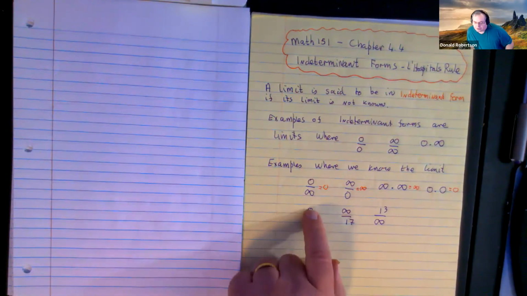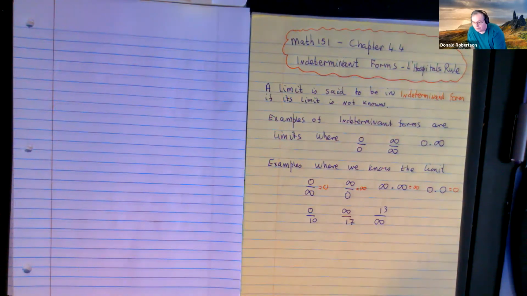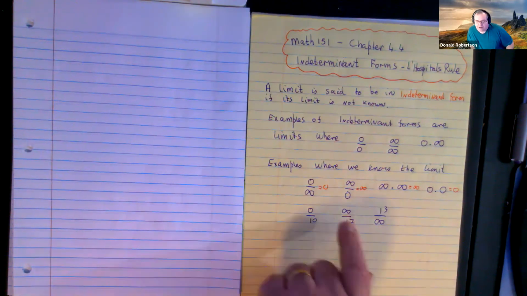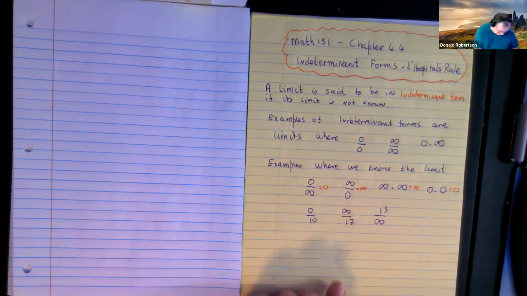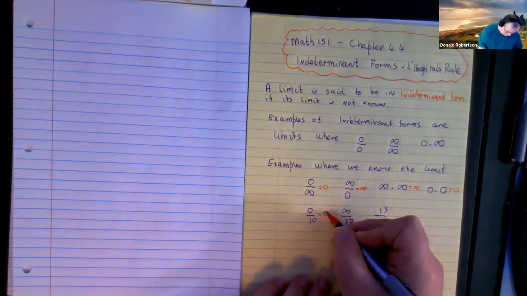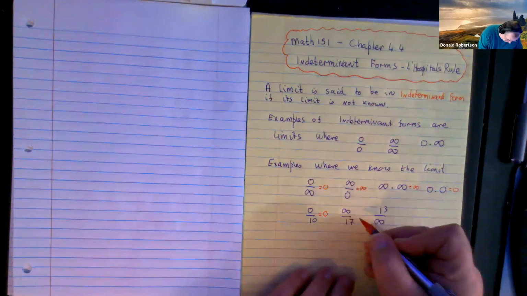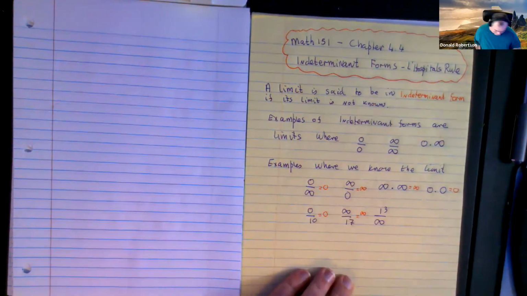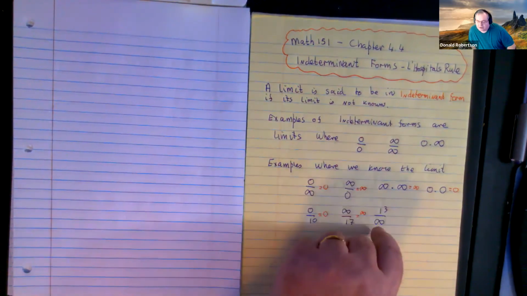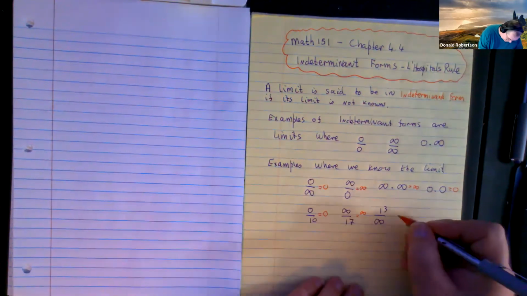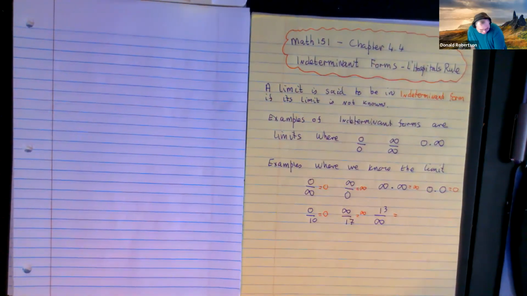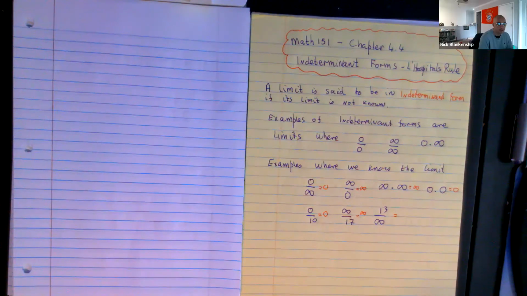Now you can do zeros and infinities in some combinations at least. 0 and 10, nothing special about that, 0. Isn't infinity divided by a number like 17 infinity? Isn't 13 divided by infinity a number? Yes.